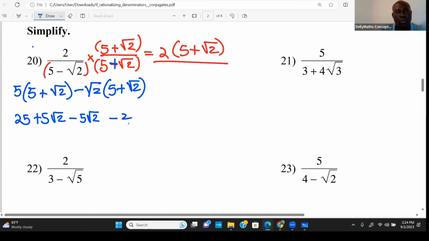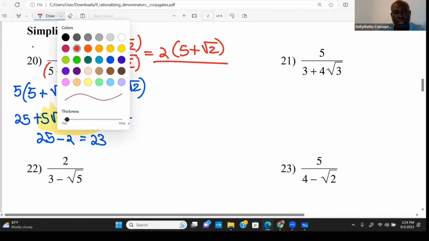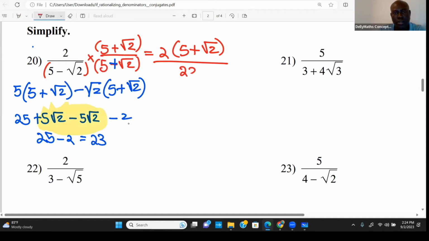Let's take a quick look. What are we noticing here? So this is 25 minus 2. This is equal to 23. So my final response is 23.